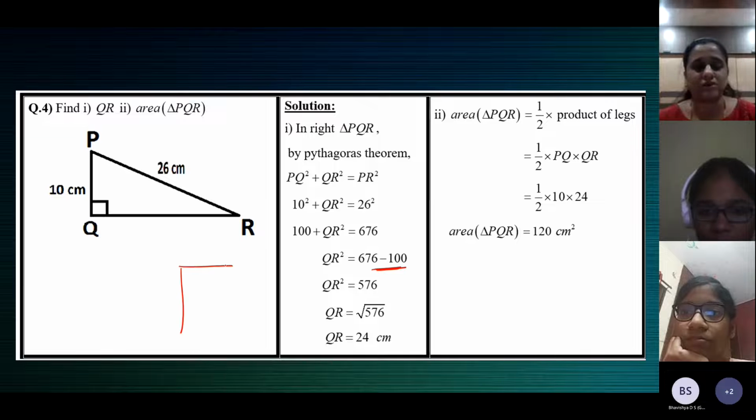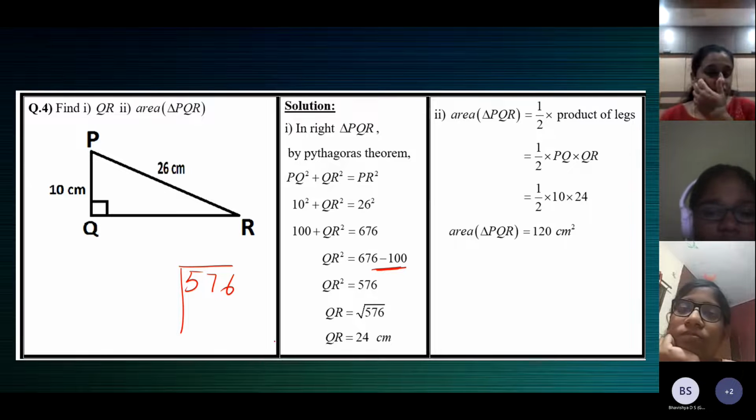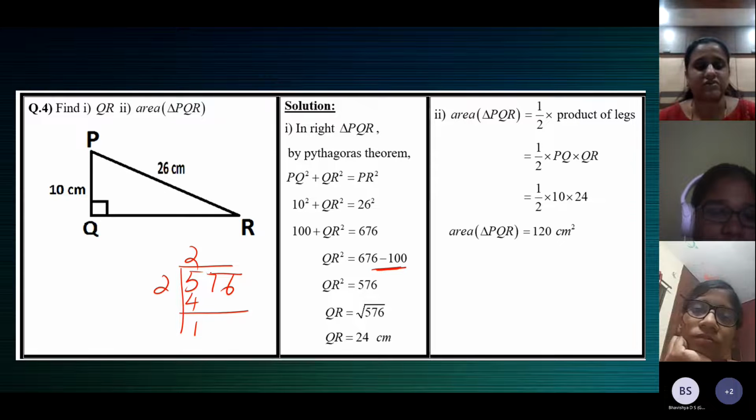How do you find the square root of 576? You can use a long division method. If you know it, you can write it straight away, 24, or you can do this in the rough column. 2 2s are 4, 1 is a remainder. The next pair, 7 6, comes down, double the quotient.